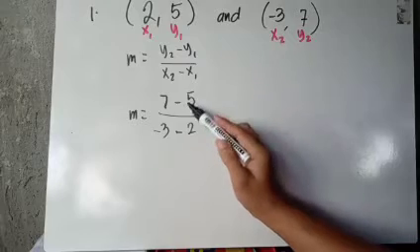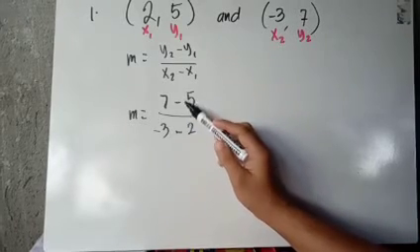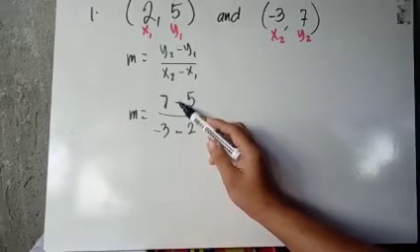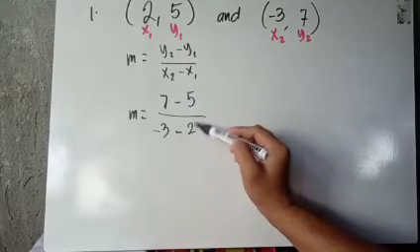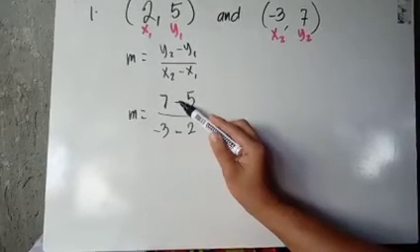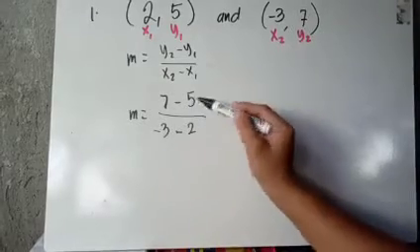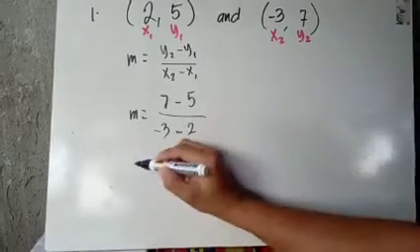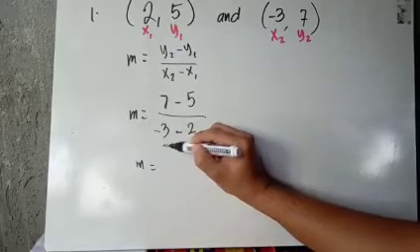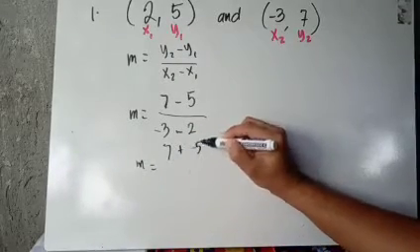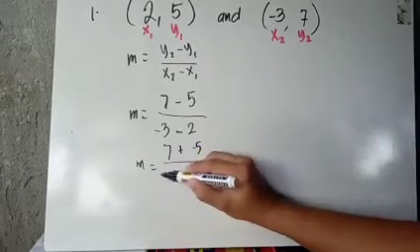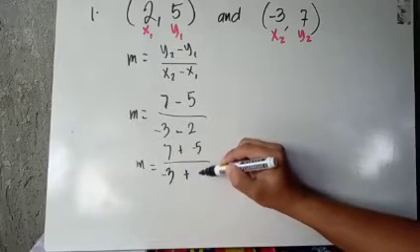Remember class, when you subtract numbers, palitan ng addition and then change the sign of the number into the opposite sign: copy, change, change. So magiging siya, m is equal to 7 plus negative 5 over negative 3 plus negative 2.